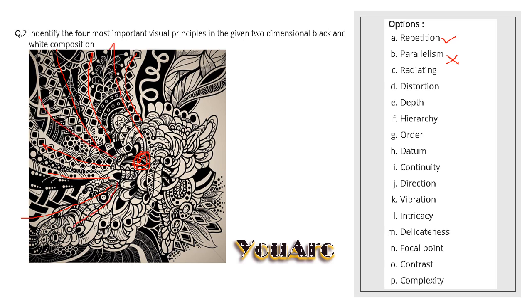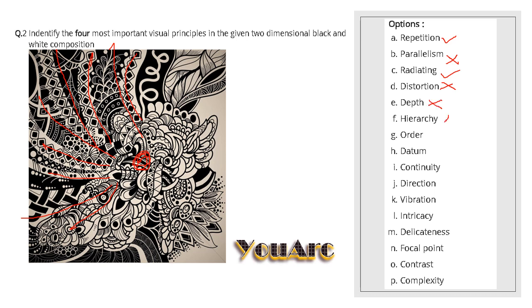So radiating is answer. Distortion, it will be like some disturbance created within the figure. No, there is no disturbance here. Depth, though we can feel very little depth, I don't feel much depth here. I don't give depth as answer. Hierarchy, no, we don't feel hierarchy.